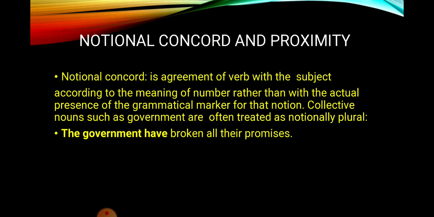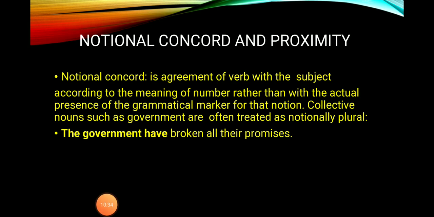Now, concerning the notional concord, we mean by notional concord the agreement of the verb with the subject according to the meaning of number, rather than the actual presence of a grammatical marker for that notion.